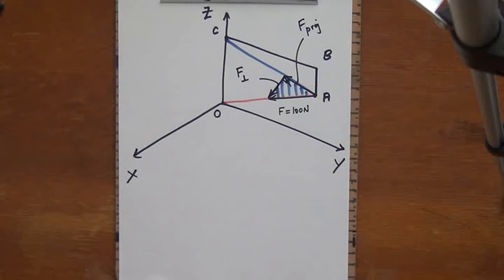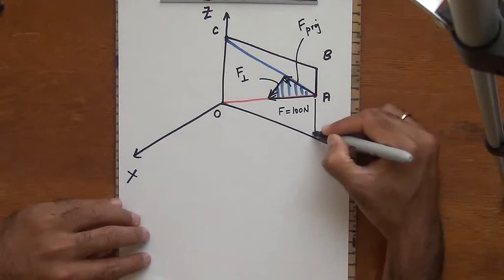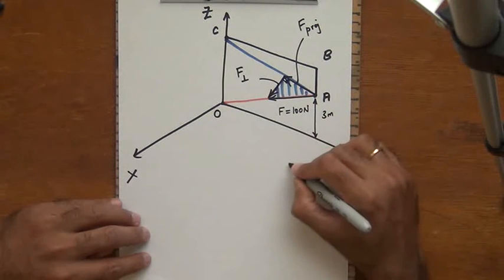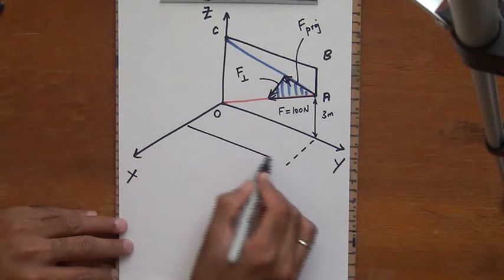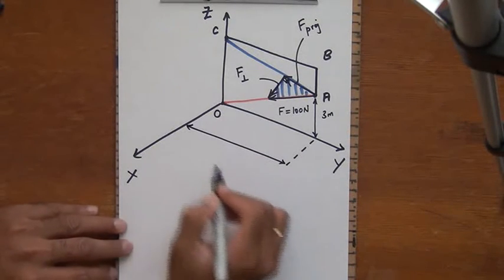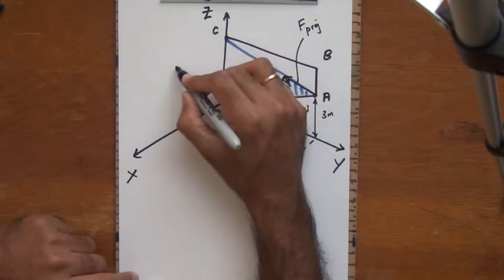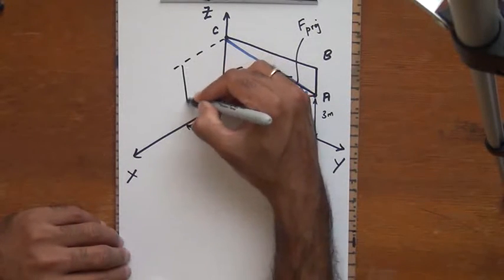And before I look at these lines in slightly better view, I'm going to look at the coordinates of point C and point A and so on. And we already have all that information. This is at a height of 3 meters right there. And then it is at a distance of, I'm sorry, 4 meters, and this is at a height of 6 meters along the Z direction here.